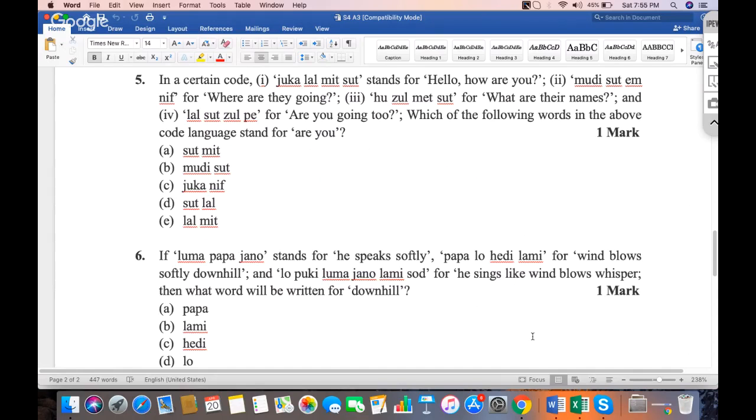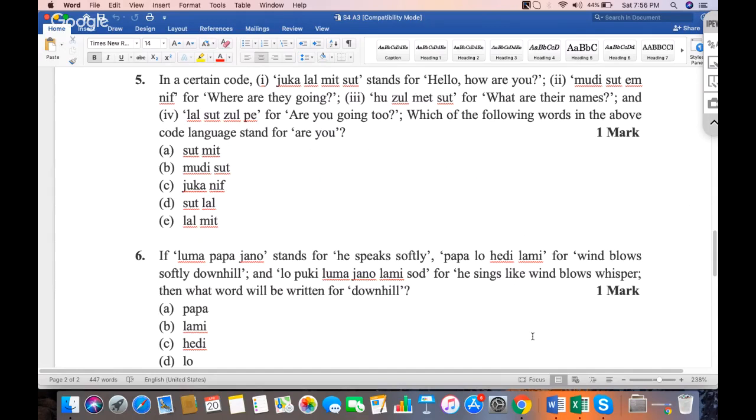Give me answer of question number 6. Question number 6, the answer is C, not D.